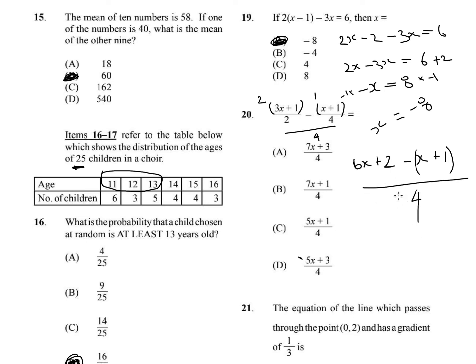Multiply is 4. Now foiling the negative sign across, we'll get 6x plus 2 minus x minus 1 over 4. Now 6x minus x is 5x. 2 minus 1 is 1. All over 4. So the answer for 20 is C, 5x plus 1 all over 4.